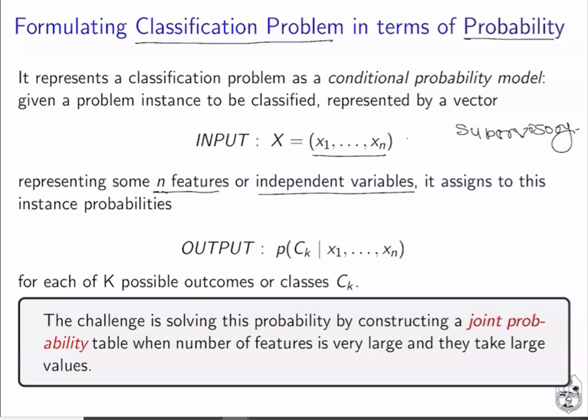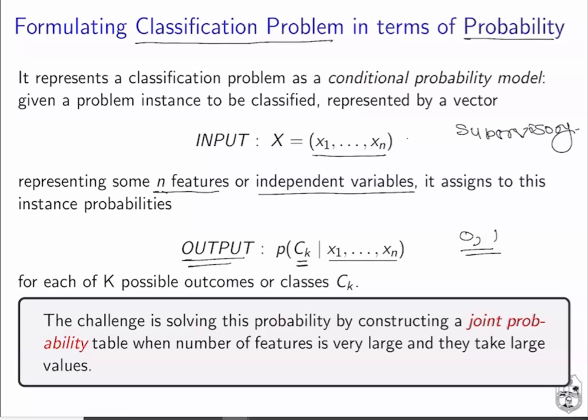The output of the problem is that we need to calculate a probability value, given the observation or the n number of features, for every class, that is Ck, meaning every class label. For a binary classification, there are two different classes, 0 and 1.